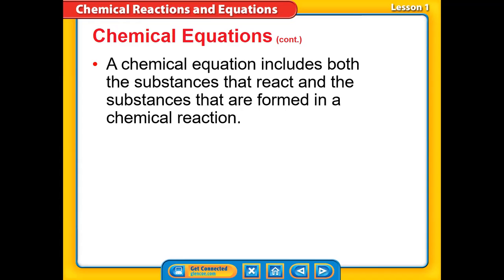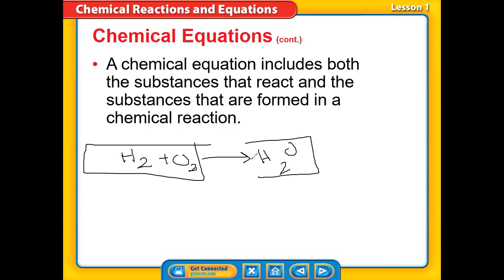The coefficient and the subscript. No. We said that once we write a chemical equation, for example, H2 plus O2 produces H2O, we have two sides. One side before the arrow and the other after. Reactants. Yes, so reactants and products.